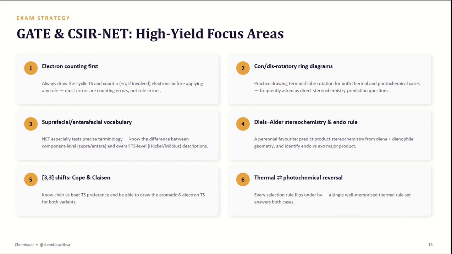Point 2. Practice actually drawing the conrotatory and disrotatory ring closure diagrams by hand for both thermal and photochemical cases, because these show up directly as stereochemistry prediction questions. Point 3.